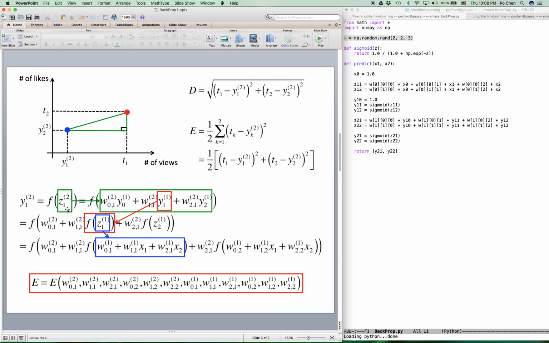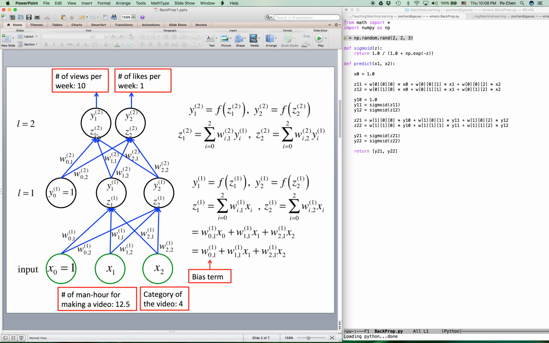And the logit Z21 is just a summation of the outputs from the neurons in the layer beneath, which is layer 1, multiplied with the corresponding weights, right? If you don't exactly remember, you have 3 arrows pointing into this particular neuron. For this one, it's a constant y10.